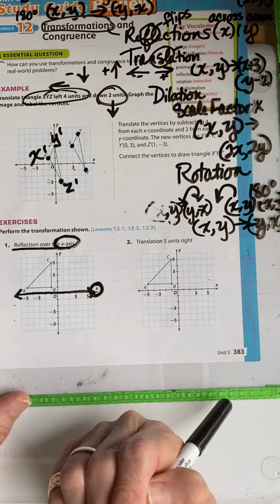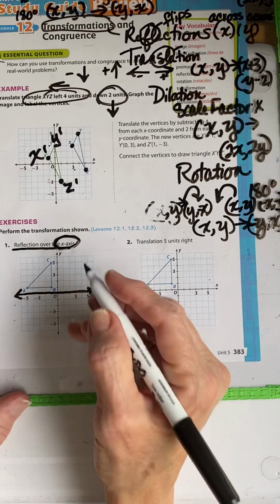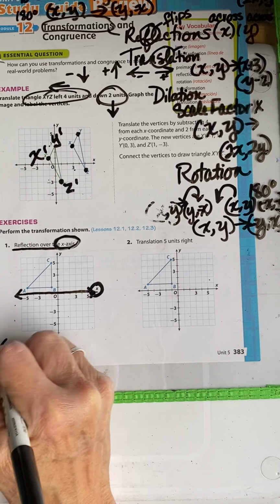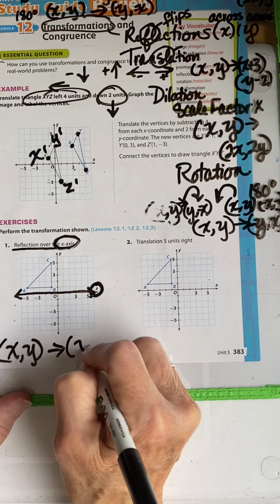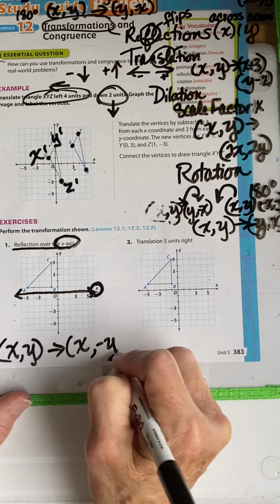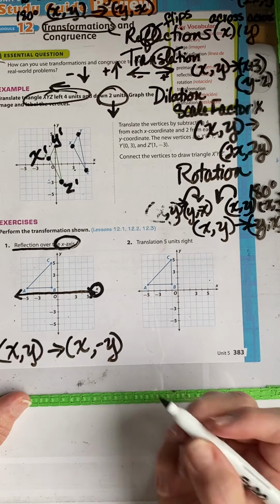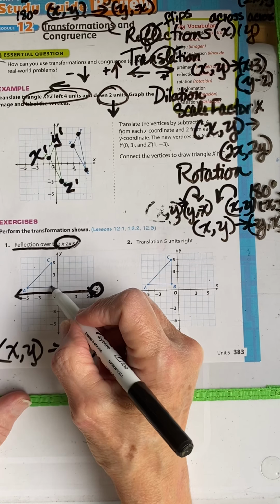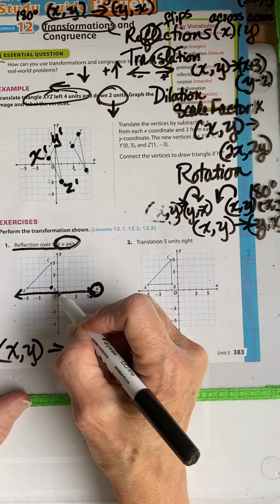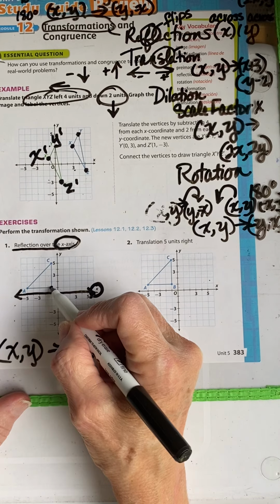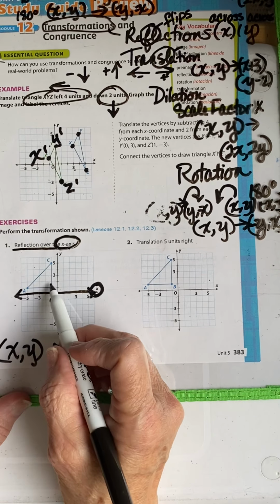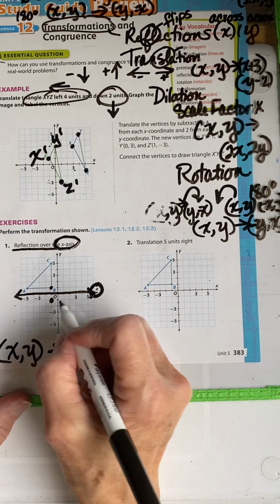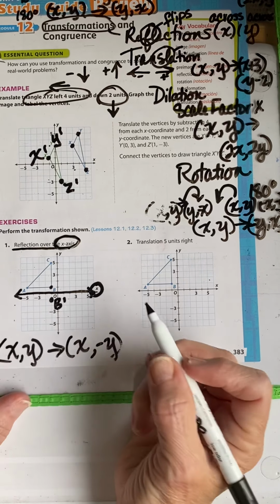It's got to flip across X. The rule for that is (X, Y) becomes X stays X, but Y goes negative. Agree? Agree. So we take a look at B, and it needs to flip across. So X stays the same, and Y becomes negative, and call it B prime.